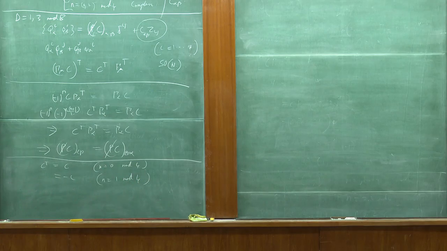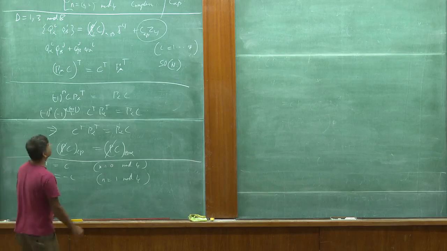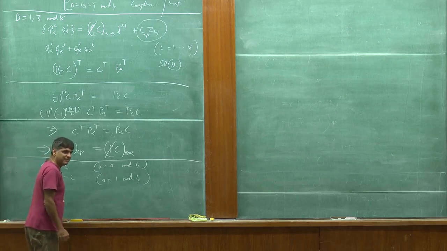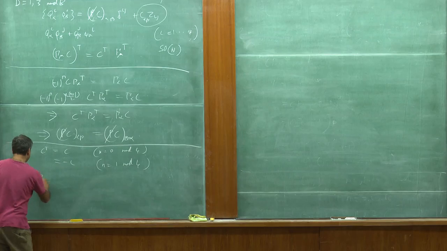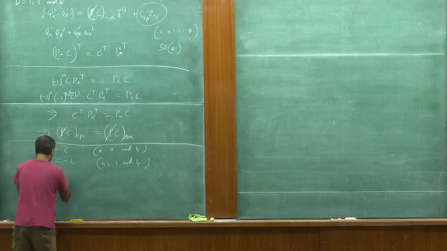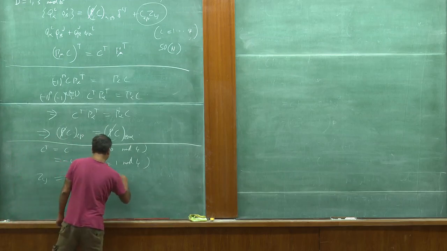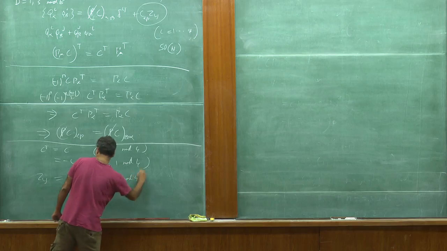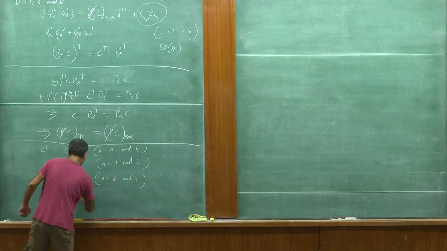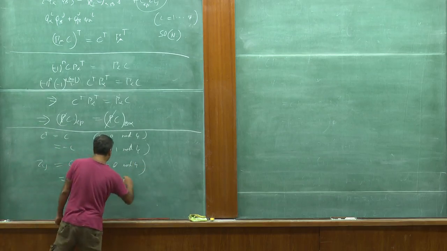Okay, so for this algebra to make sense, this Zij here will have to be symmetric for n is equal to 0 mod 4 and anti-symmetric for n is equal to 1 mod 4.